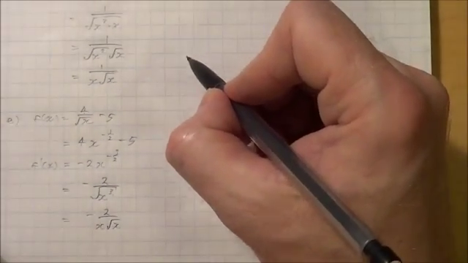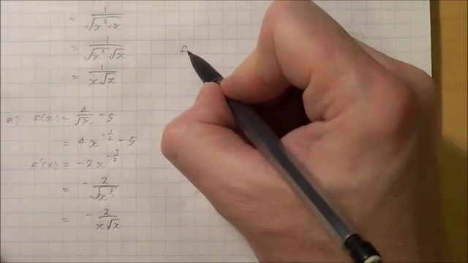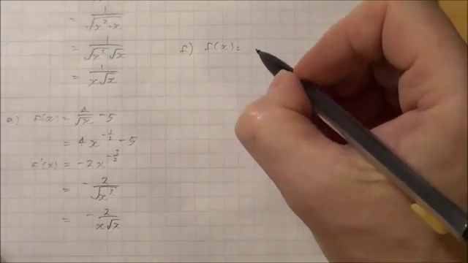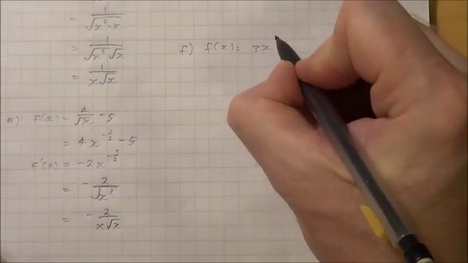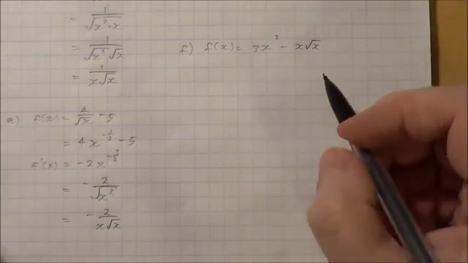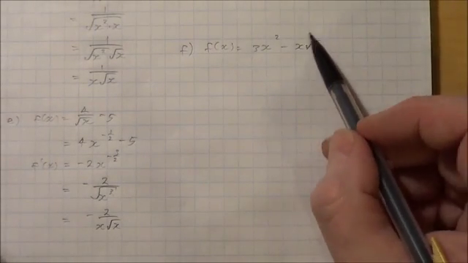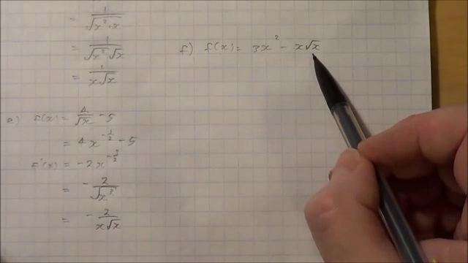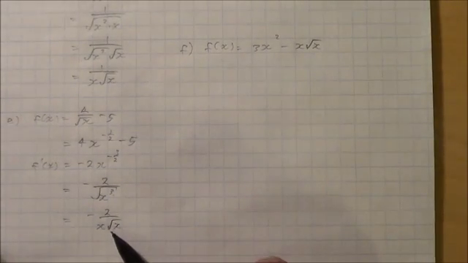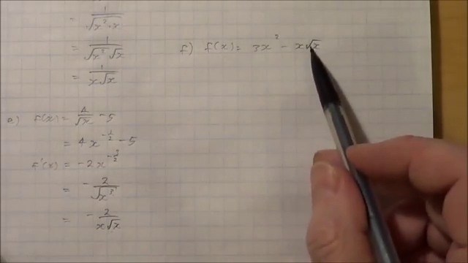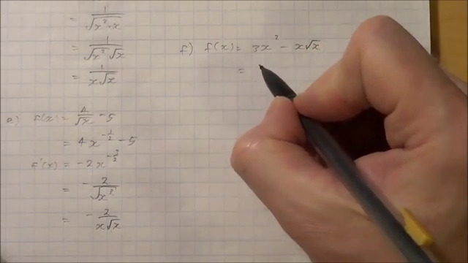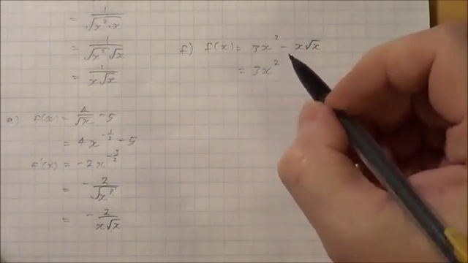Part F, write this up a little bit higher. I don't know if I'll be able to save some space or not. F of x is 3x squared minus x root x. Now here, notice that we got this the same as we rewrote in this function here, so we could undo that simplification so that we can differentiate it a little nicer.